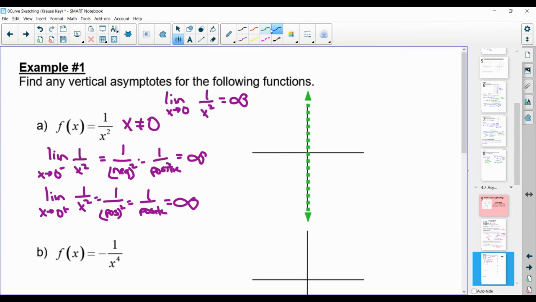And if I sketch my curve, the graph is coming up here, approaching, and then it's falling down this way. Again, our asymptote happens at x equals 0. So we have a vertical asymptote at x equals 0.